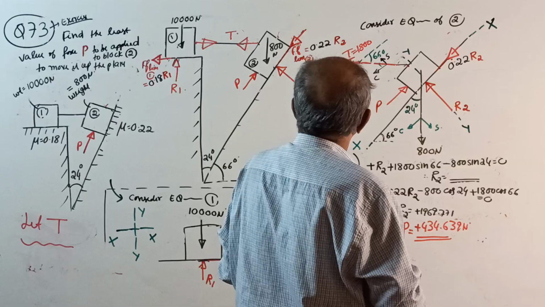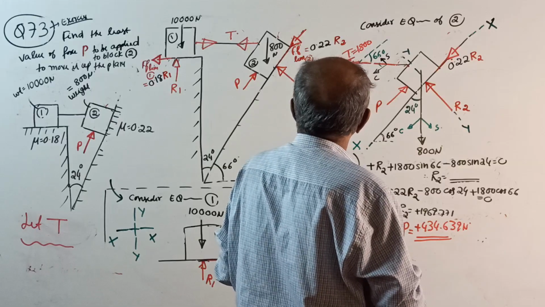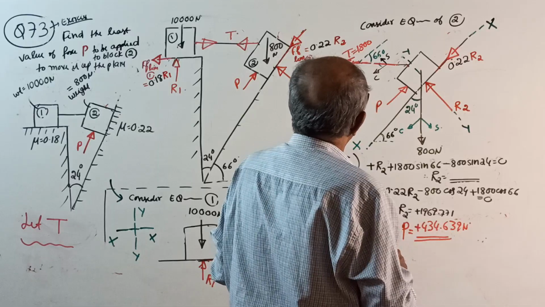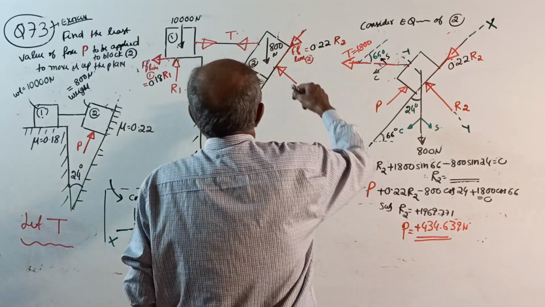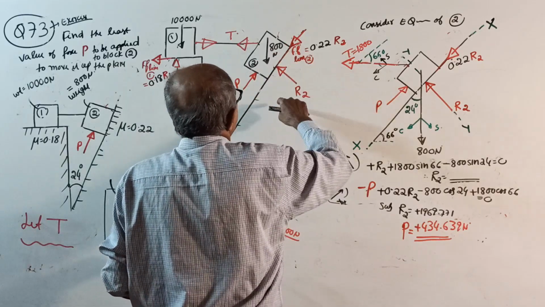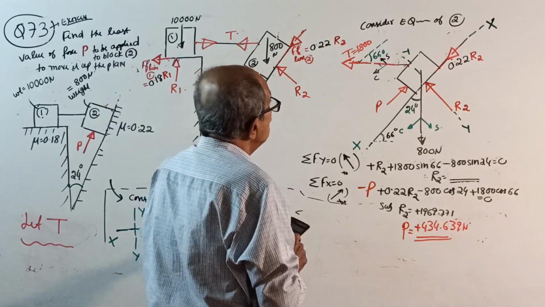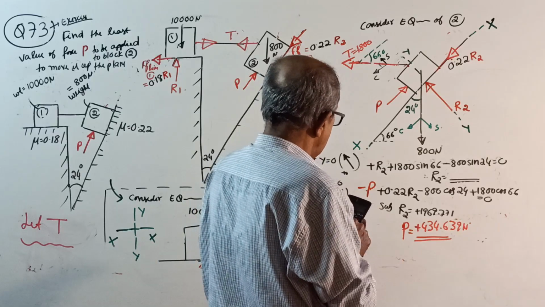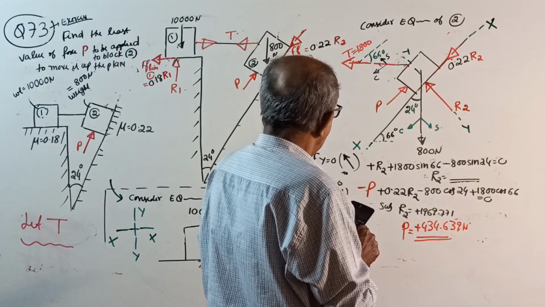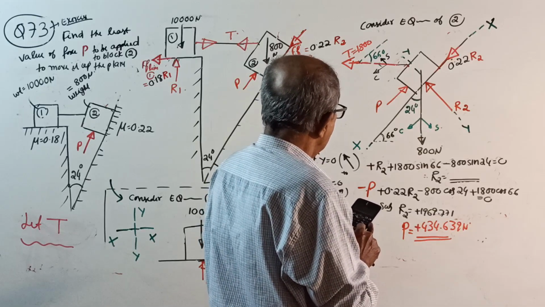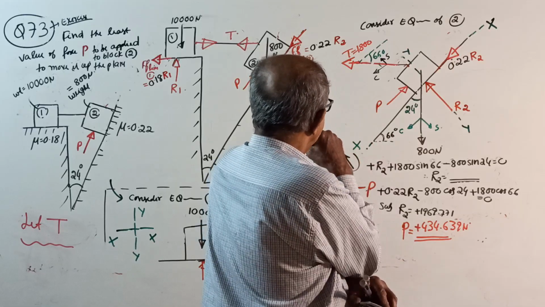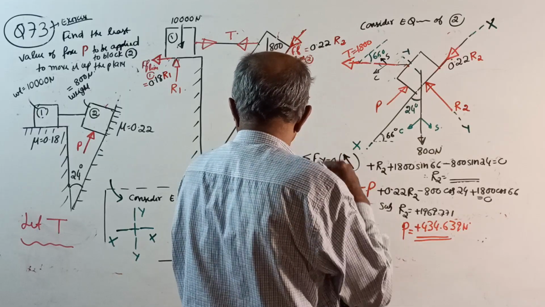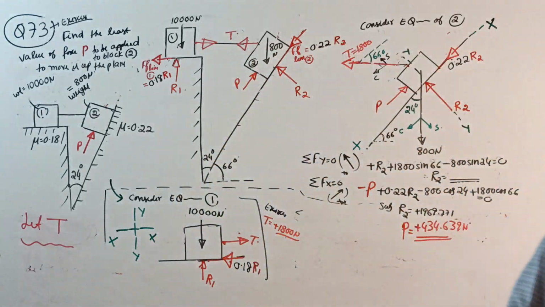Tension T is 1800. Negative means when you push it up, the weight reaction will come. It is coming negative. Negative is not possible. 1 minute. 1800 tension. Check, somewhere a mistake is there.